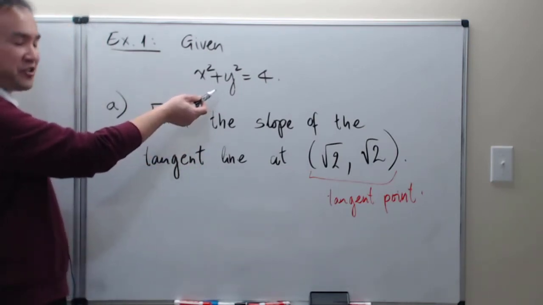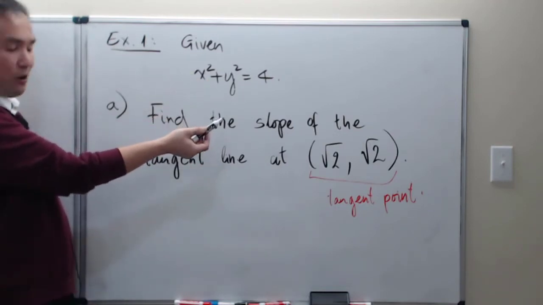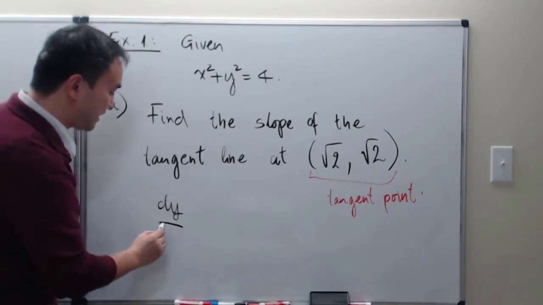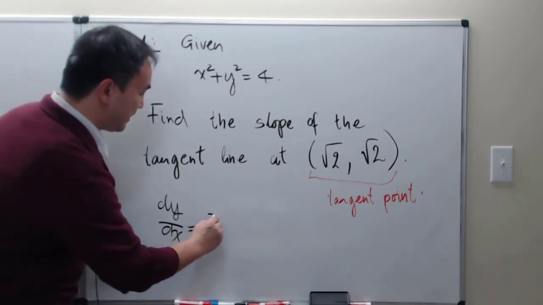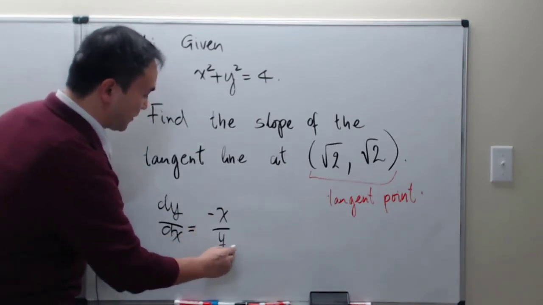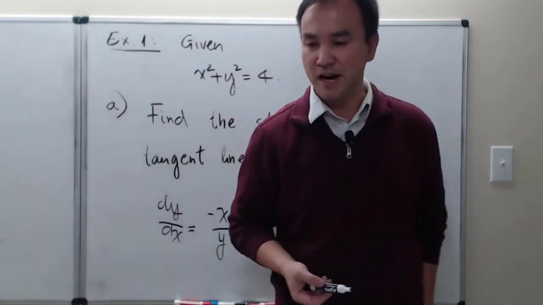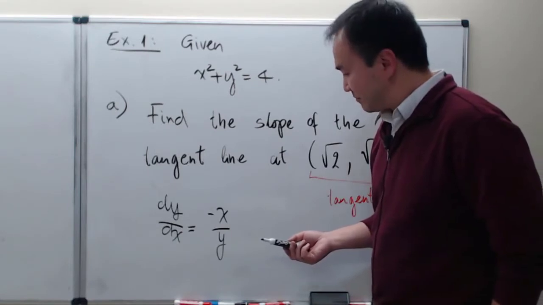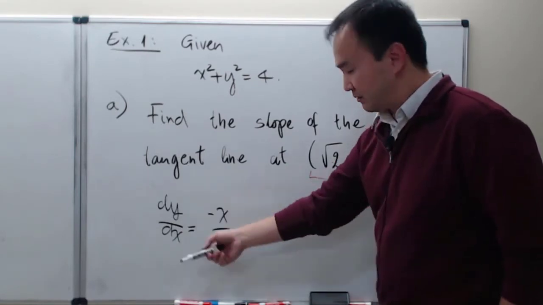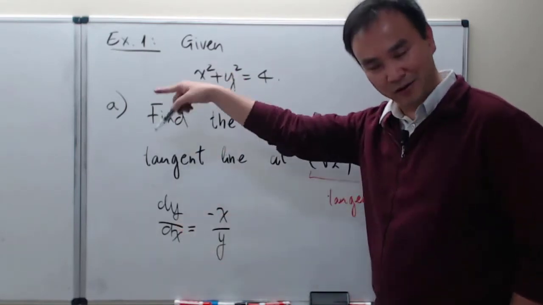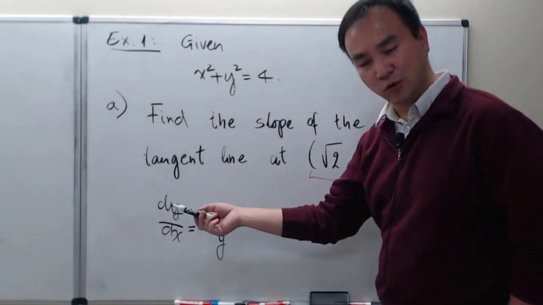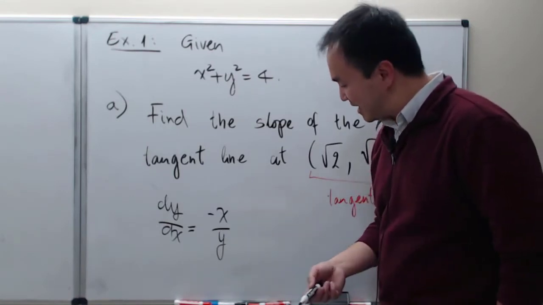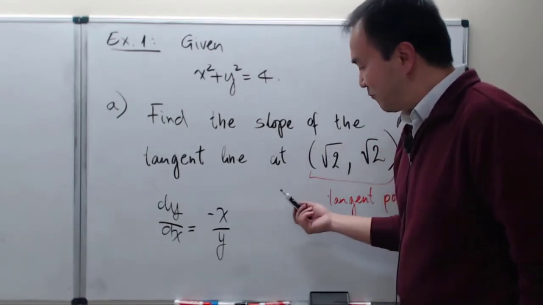Implicit differentiation, and you have seen that all in my earlier part of this lecture, gives dy/dx in this case, already known to be negative x over y. Okay, minus x over y. That's simple, because I can just take the answer from the work we have done previously. Even though the earlier work was not an example, it was math work, and we can just take things from what we have had.